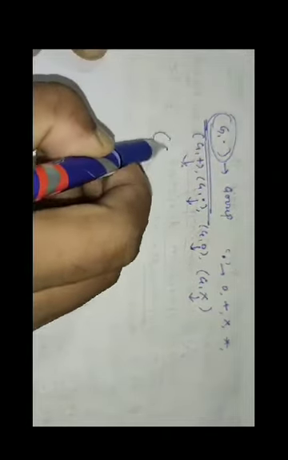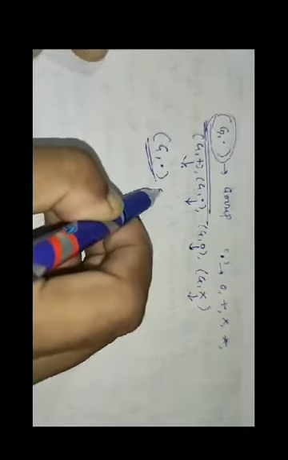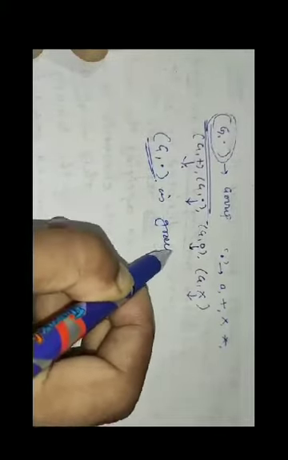So friend, this G dot is a group if it satisfies four properties. First, for all A, B, A dot B must belong to G. Second property, for all A, B, C, take three elements of G, A dot (B dot C) is equal to (A dot B) dot C, that is associative.